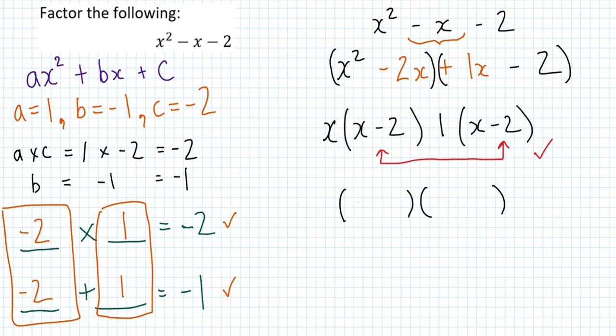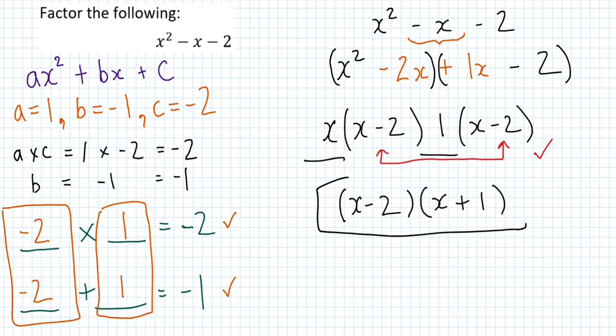So we just continue with the equation x minus 2, which again, we got directly from the brackets above. Now what goes in the last brackets here is whatever's left. We have an x and a 1. So we write x plus 1. And that is our final answer.